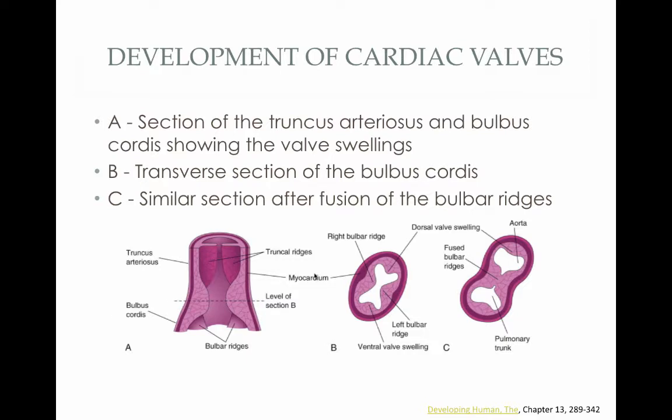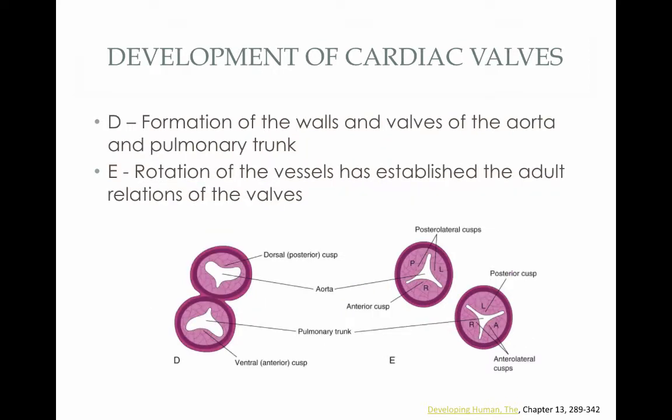This is that section here. As you see the swellings, they will start to fuse. Right here is the fusion of the bulbar ridges. Once that occurs, we have an aorta and a pulmonary trunk, or pulmonary artery, if you will. And now these are going to form and swell and develop into the pulmonary valve and the aortic valve.